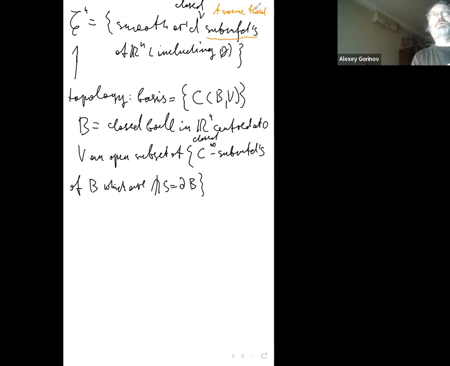So we fix the dimension, and we assume that the dimension is less than the dimension of the ambient space.